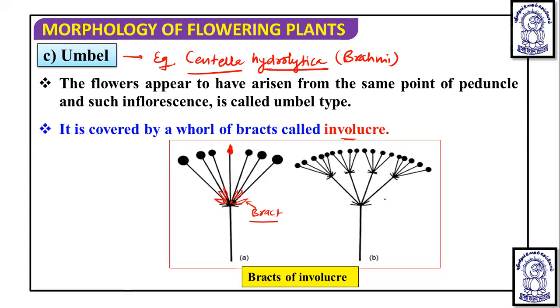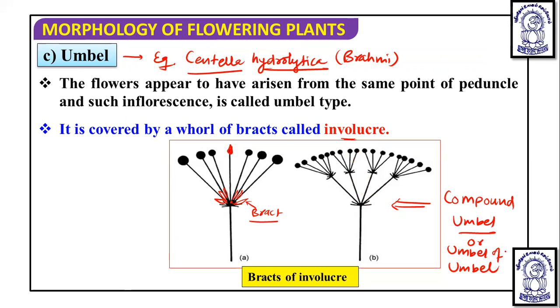Now, apart from this, if we talk about the compound umbel, you can see this is the diagram of compound umbel. In compound umbel, the umbel type of arrangement is seen on the branches, then it is known as compound umbel, or we can say umbel of umbel.